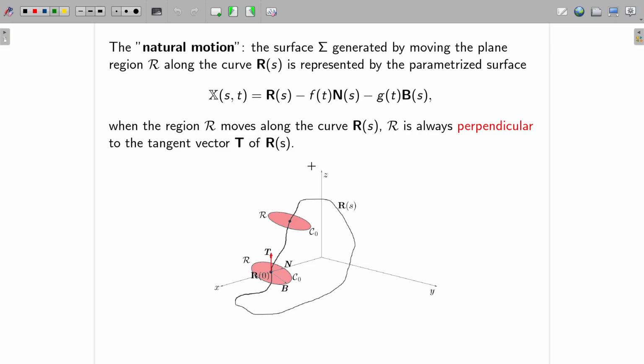The natural motion means that the surface sigma generated by moving a plane is always perpendicular, as I mentioned before. This is a so-called natural motion. The tangent of the curve is the normal of the planar region. When you move here, then we get a new plane region, and the tangent of the curve is still the normal of the plane region.